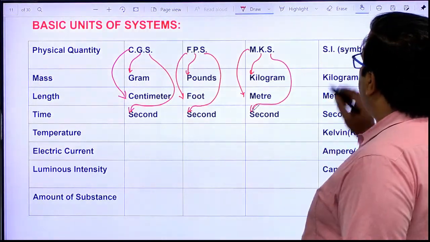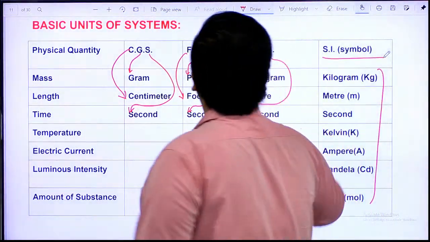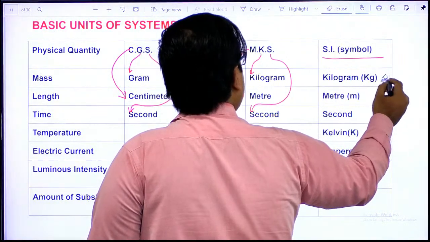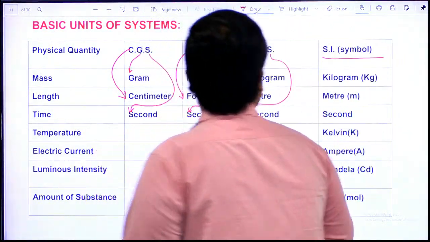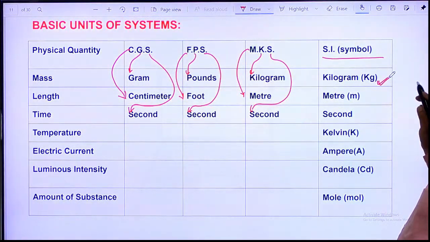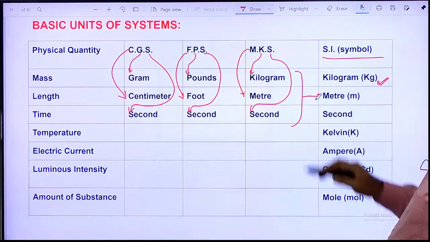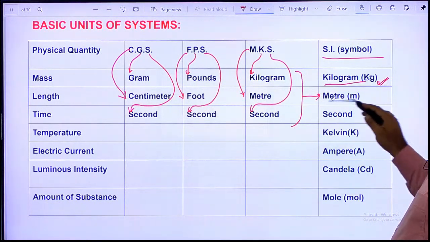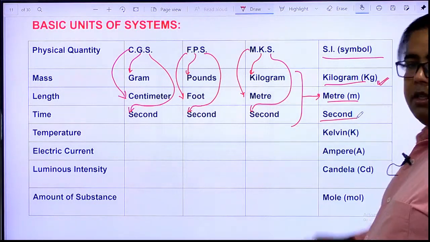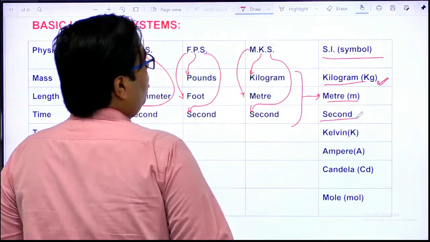Now, SI is the system we use these days, and it is internationally recognized. For mass, we use kg instead of gram or pound. You can say it's an extension of the MKS system: you have kilogram, meter, and second, same as in MKS. After that, we have added 4 more physical quantities.